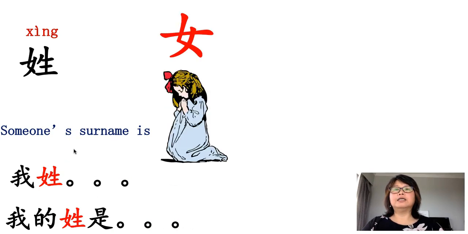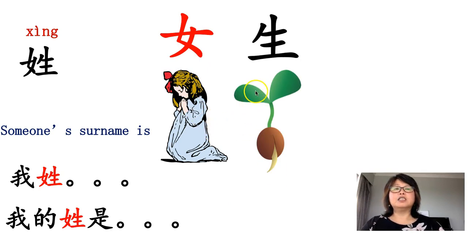Now let's look at the character. Left hand side is a female. The female looks like this curve, like a young lady kneeling down. Back in old China, ladies had to be obedient and listen to their father or their husband. So this is the female radical. On the right hand side, that's 生, looking like a plant. A plant is growing, and we can see this as a horizontal line.